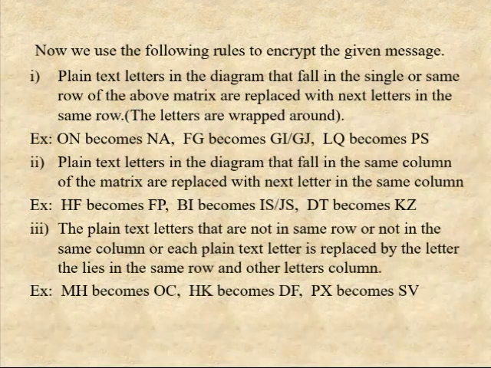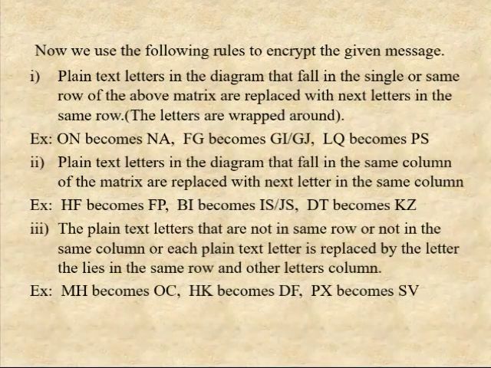The second rule: plain text letters in the digram that fall in the same column of the matrix are replaced with the next letter in the same column. For example, HF becomes FP, BI becomes IS or JS, and DT becomes KZ. These are the same column letters.